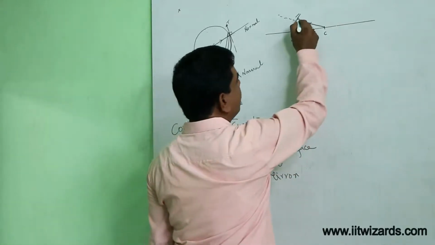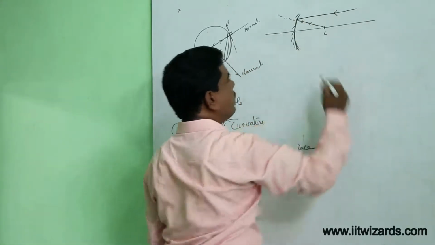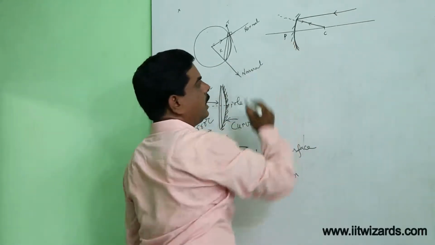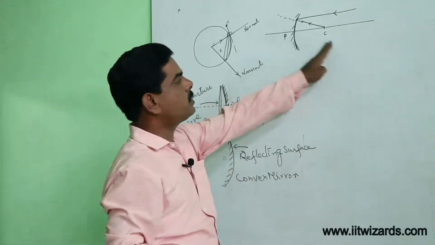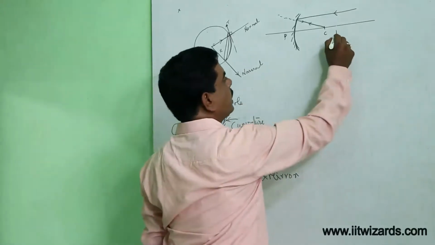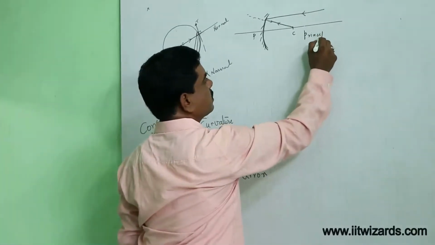Now assume that we have a ray that is parallel to the line that joins the pole and center of curvature. This we call the principal axis.